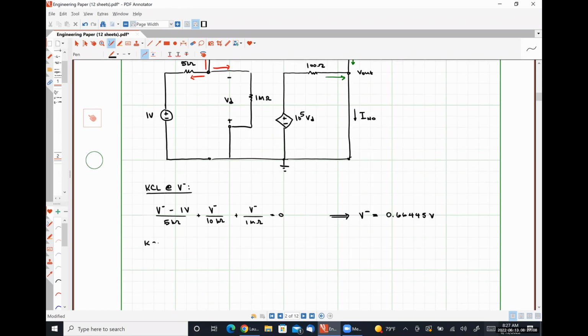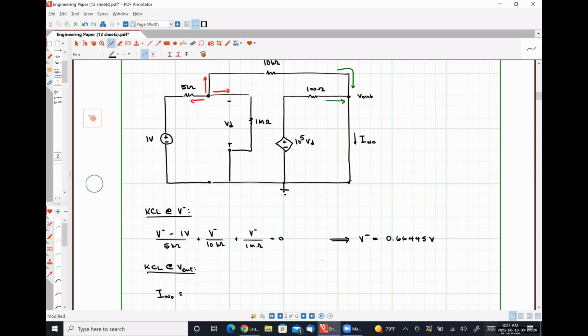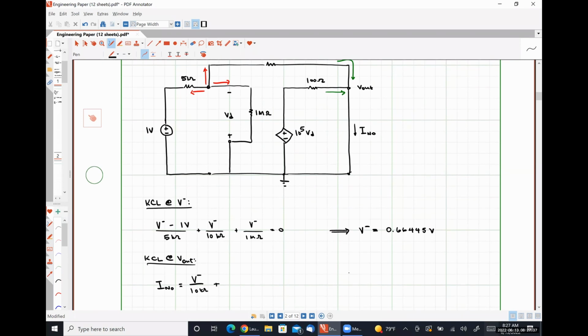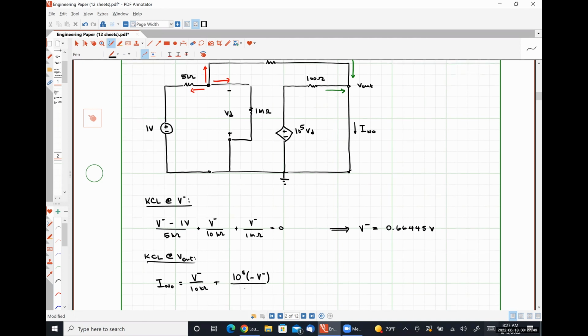Now I will apply KCL at our output node. And so I see that my current I Norton is V minus over 10 kilo ohms plus 10 to the 5 times negative V minus, since VD is equal to negative V minus, over 100 ohms.